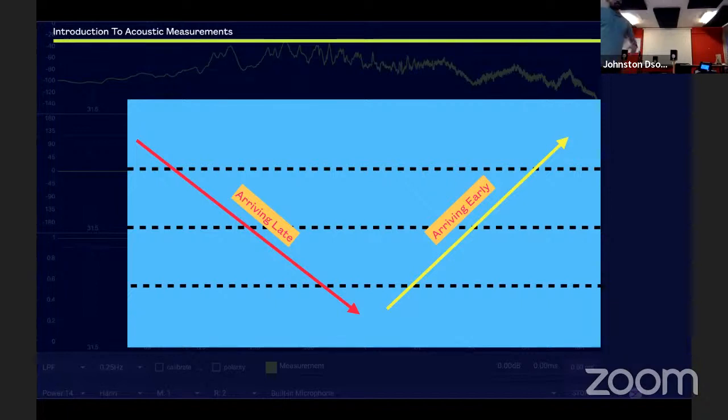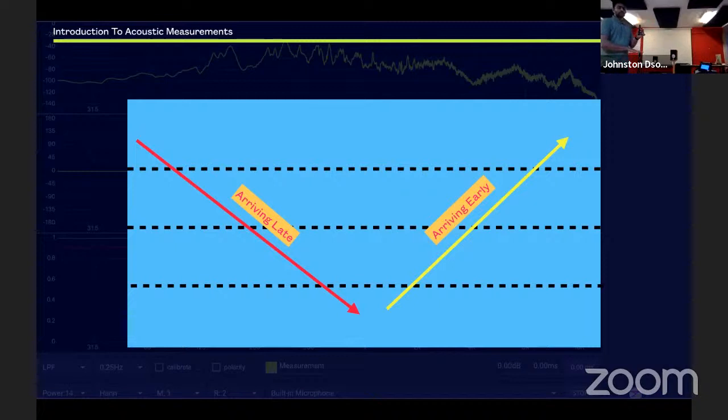And the next thing is when the trace is moving upwards, it means that the signal is actually arriving earlier. Now, how can a signal arrive early? It's not a time machine, but it's arriving earlier compared to the reference signal. If there's a problem in the delay and you have moved it too far away, certain frequencies can actually start arriving earlier, especially if you have speakers which have multiple drivers in them, with some distance between the drivers, and you're trying to align them to a sub.